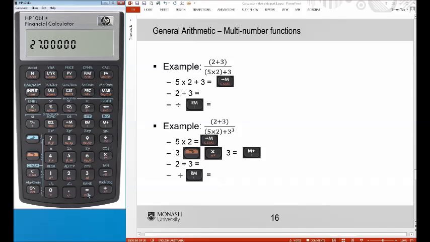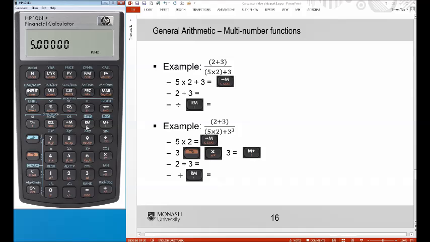And we are going to store it into the existing memory, and we need to add them up. So M plus adds the value into the memory. Then for the numerator, 2 plus 3 equals, and divide this number by the previously stored figures.